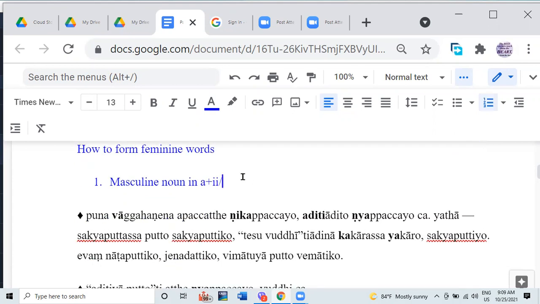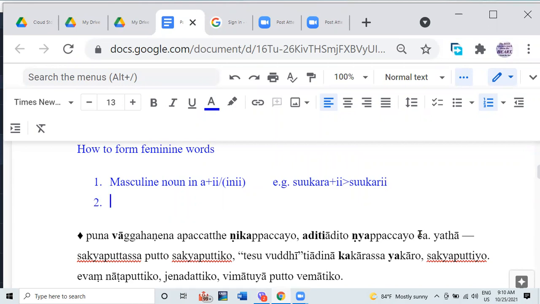But sometimes inī is also added, though rare. For example, Sugara, I will give you an example. Sugara is masculine, and we have Sugarī. Sugarinī is rare.